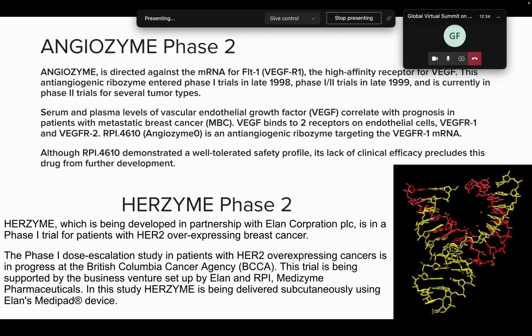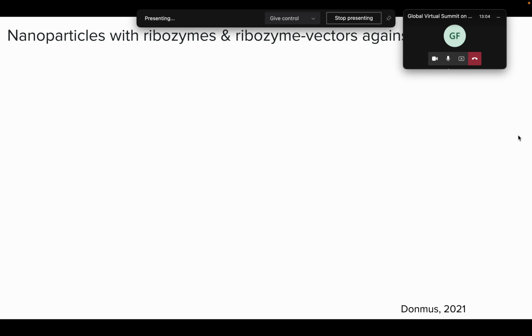This happened at the British Columbia Cancer Agency, and this trial was supported by a business venture of Elan and RPI, Ribozyme Pharmaceuticals, and it was delivered subcutaneously through Elan's Metapad device. So these are two of the products by RPI and Elan, as well as Ribozyme, that are interesting ribozymes that were put through clinical phase trials.